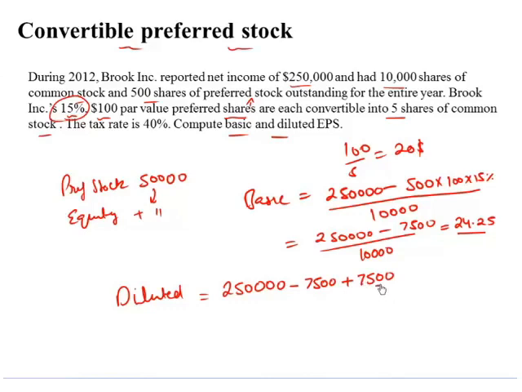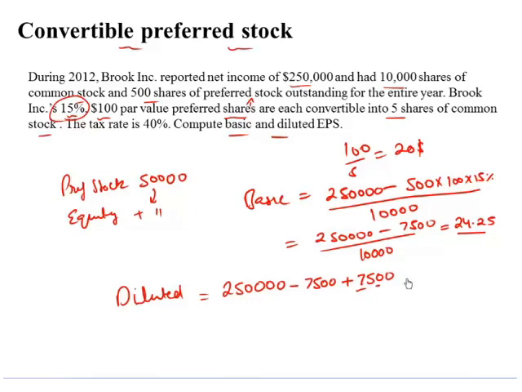Please note that preferred dividend was never tax deductible. So there was no associated tax benefit that we were ever getting. Hence, when the preferred stock gets extinguished, I will simply receive an extra benefit to the tune of $7,500 worth of dividend that I needn't pay any more.